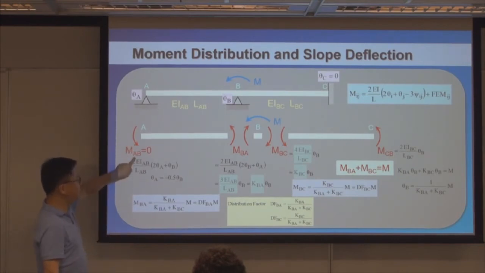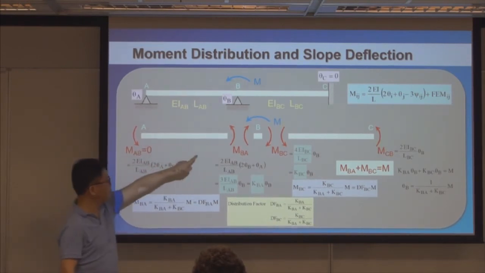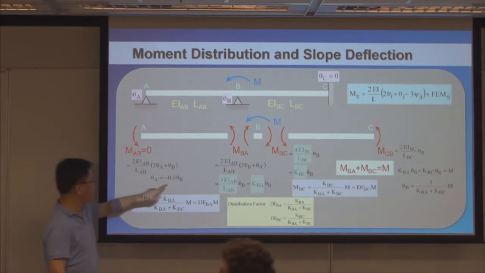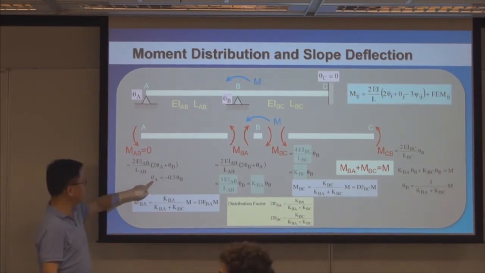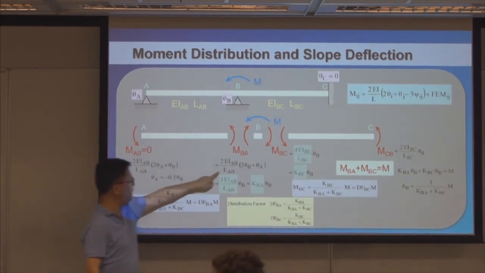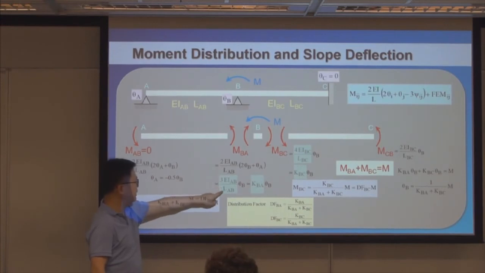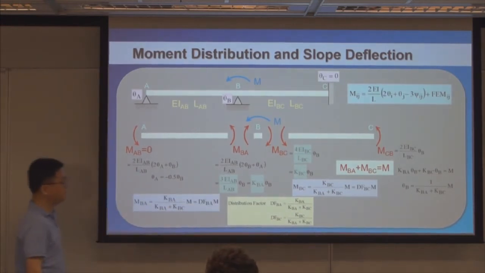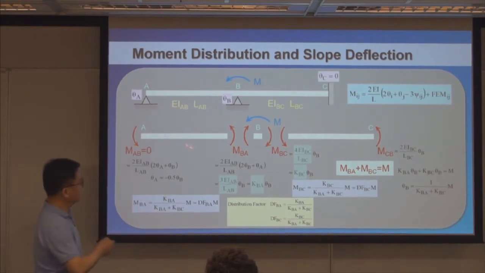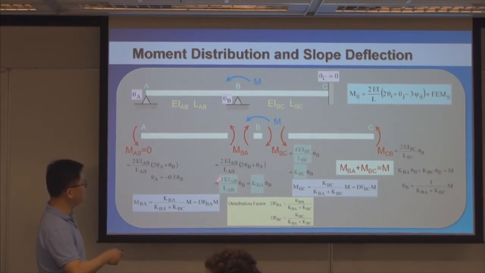This end is moment-free. So there's a relationship between this rotation angle and that rotation angle. So you force this relationship to occur at the end moments at the other ends, and then you substitute that relationship, that gives you 3EI over L. Now, that explains why for this component the stiffness coefficient here is 3EI.